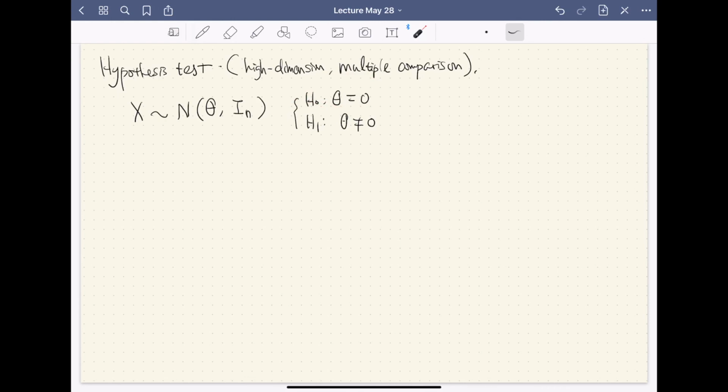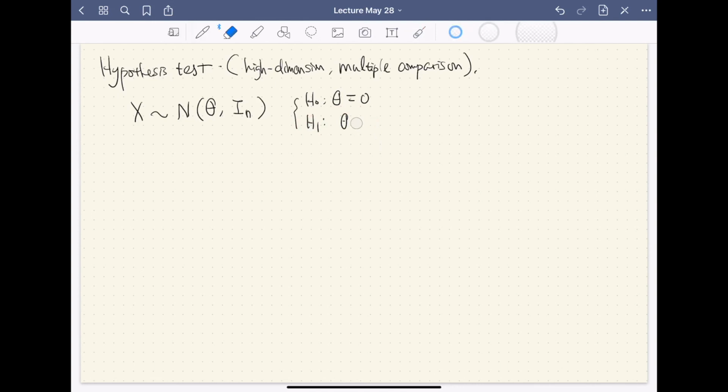So it's really arbitrary. However, different tests have different powers, which means we can only compare the performance of different tests when we have knowledge about the alternative hypothesis. So depending on what the alternative hypothesis is, the optimal testing procedures will be different.